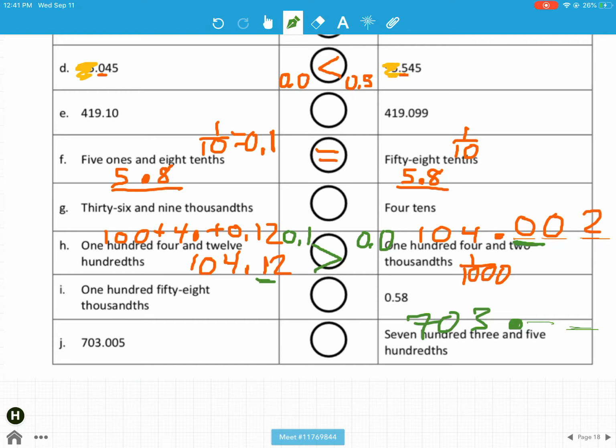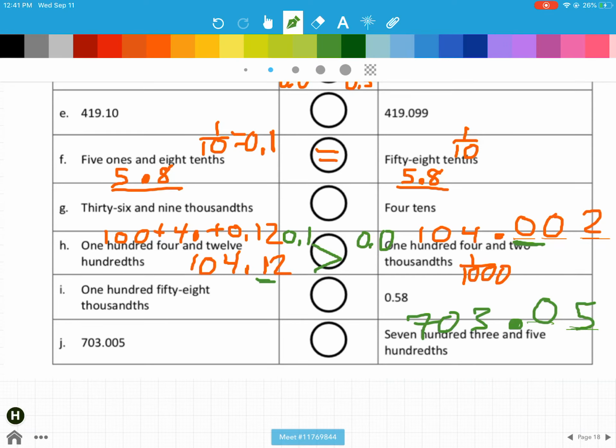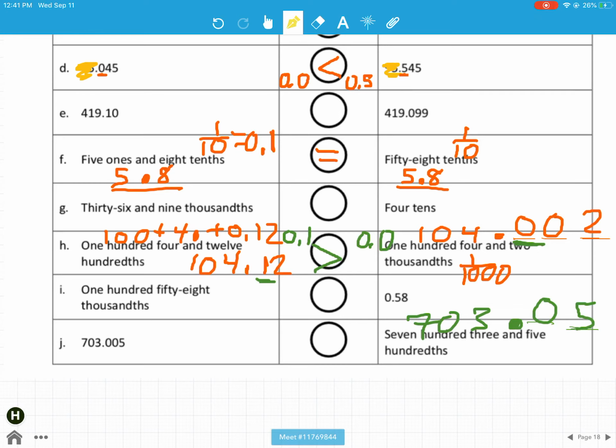So I'm going to write my 5 in the hundredths place and put a 0 here. And if I compare, the 703 are the same, so then I'm going to go here and I have a 0, and I also have a 0. Then over here I have a difference of 0 and a 5. So that's where my difference happens.